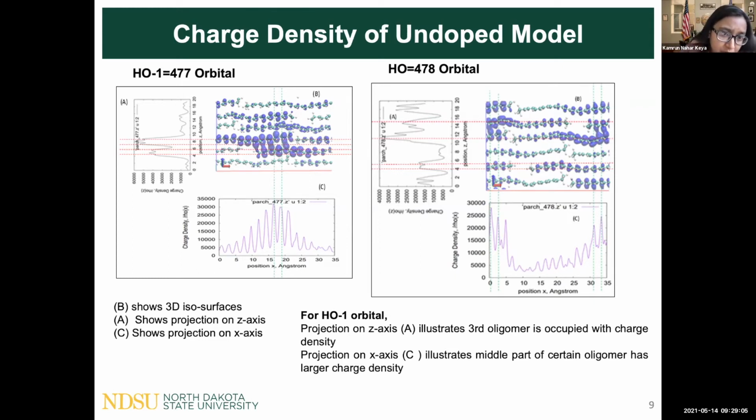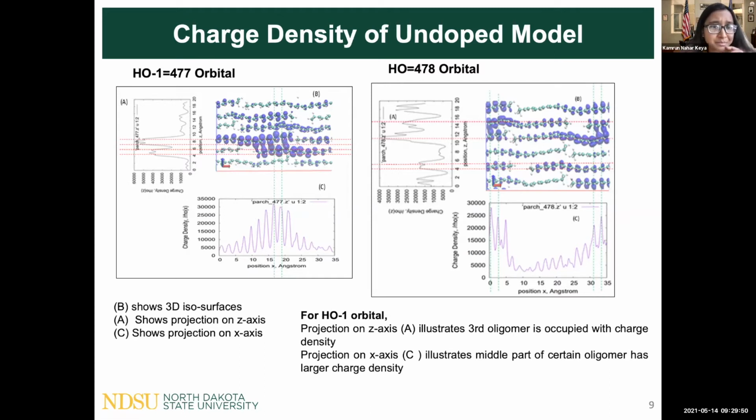That blue cloud shows more charge density, and in the Z position there is a high peak, meaning more charge density. The third oligomer and the second oligomer orbitals almost overlap with each other, so that's why this state proves the conductivity of the result.